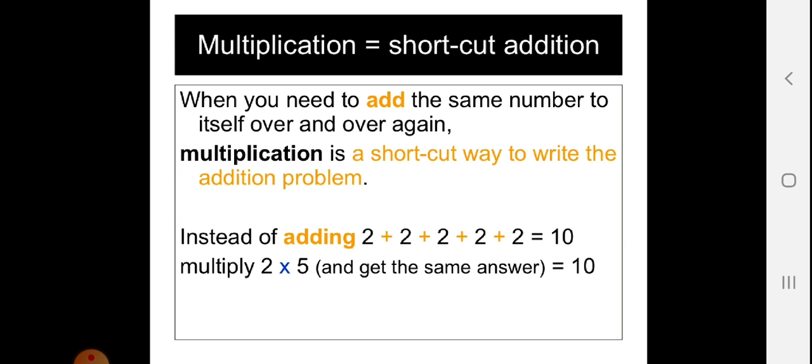When you need to add the same number to itself over and over again, multiplication is a shortcut way to write the addition problem. Instead of adding 2 five times, 2 plus 2 plus 2 plus 2 plus 2, which is equal to 10, you can simply multiply 2 with 5 and get the same answer, which is 10.